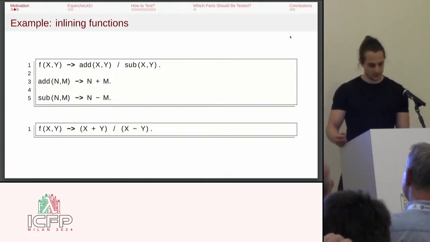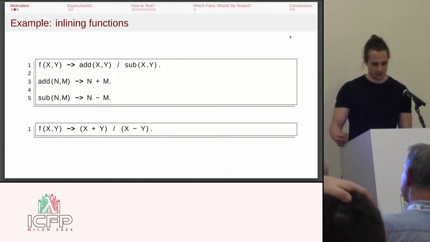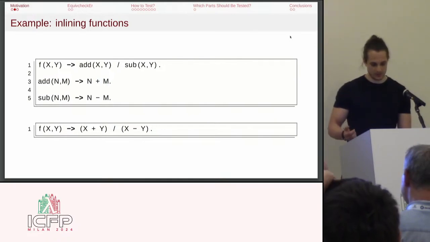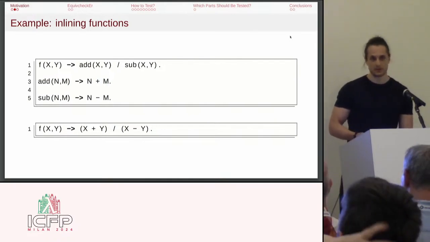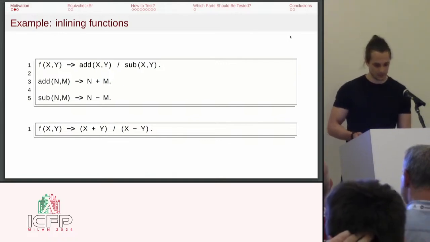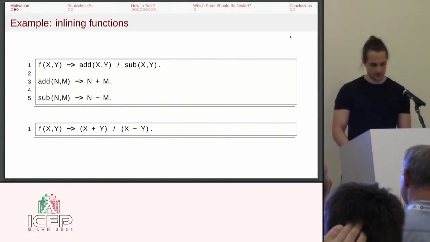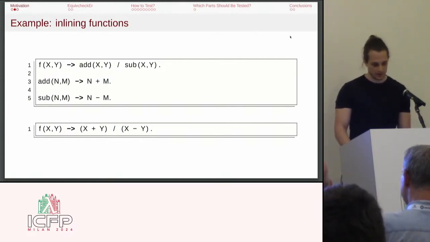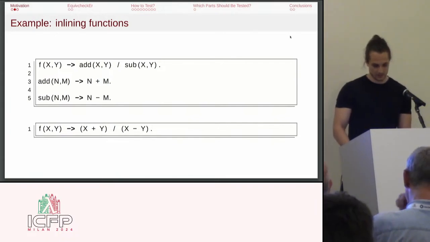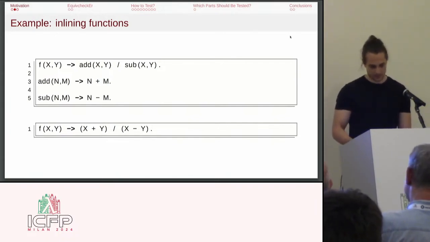And what we can basically do here is to just substitute the function definition where the function was originally called. So that's what you can see in the lower half of the slide. So this is the refactored version, where we basically just substituted the function body.